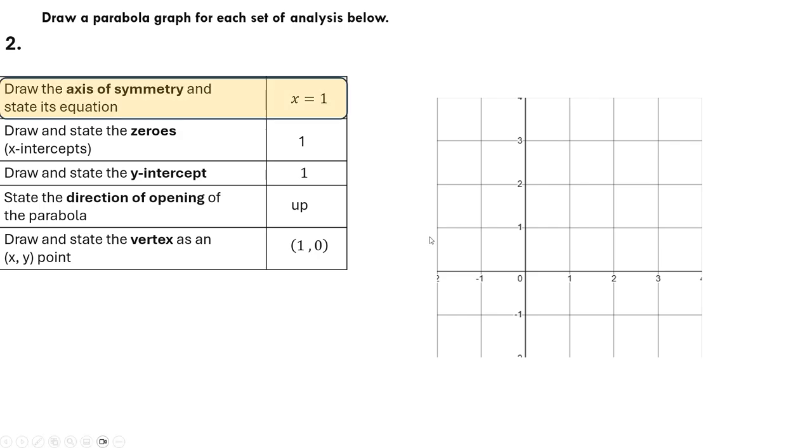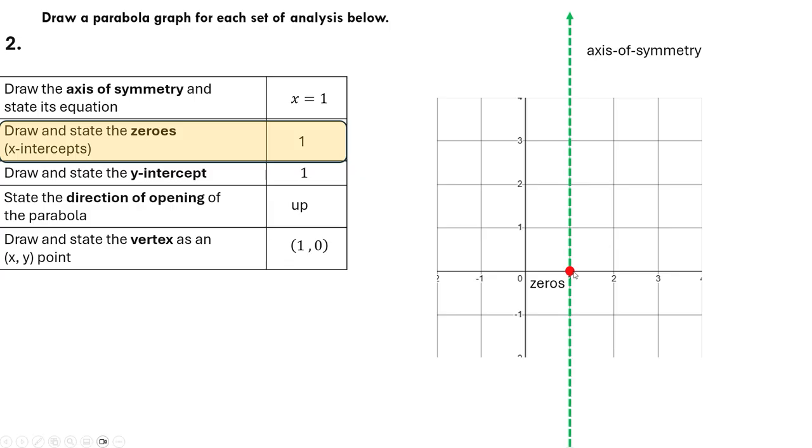In this one, we're told that the axis of symmetry is 1. So we'll draw our line right there. And then we're told that there's only one zero, and that falls right at 1. So this is our single x-intercept. We're told that the y-intercept is 1.